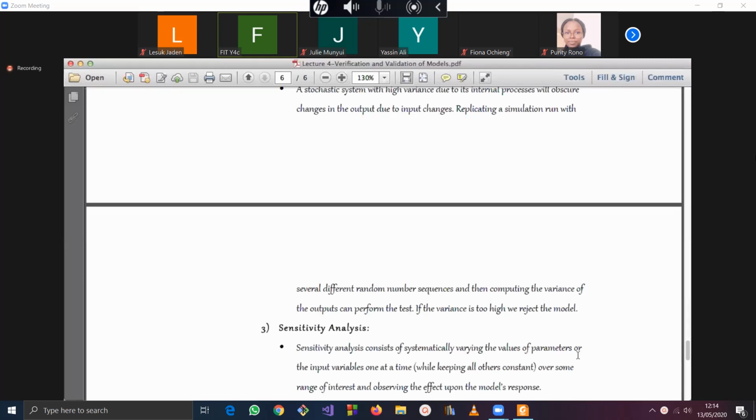The other one is what we call sensitivity analysis. This is a very important element of any model, and any person who does a model and tries to say that this model is working is expected to demonstrate sensitivity analysis. And I must indicate here that in what's going on in the COVID situation, all drugs and such kind of things are being tested on sensitivity, and including the models that they use.